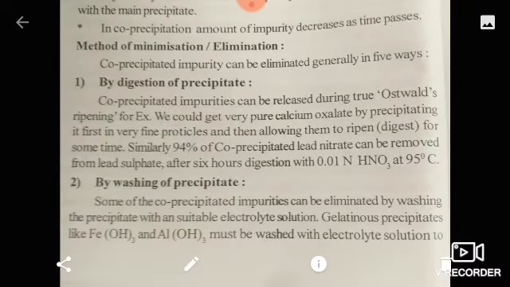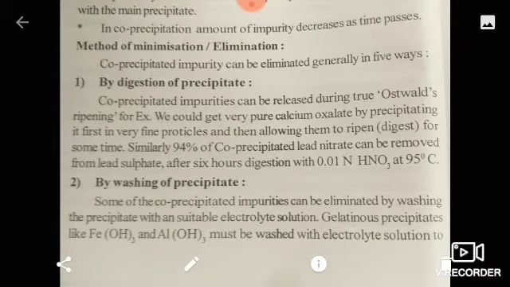So two examples were given of ripening or digestion by which we can remove co-precipitated impurities. By using Ostwald ripening or digestion, we can remove the impurities which get mixed with the oxalate precipitate. So we can get the calcium oxalate precipitate by precipitating it first in very fine particles and then allowing them to ripen and digest for some time.